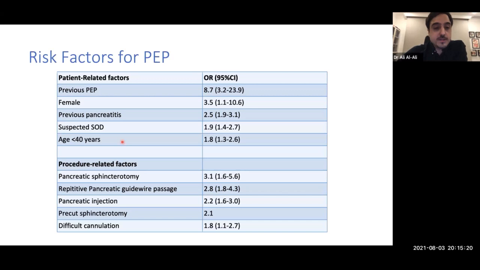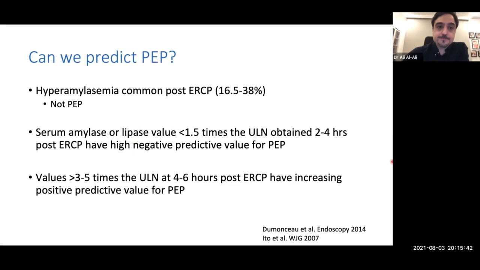But in general, younger patients and female patients have a higher risk of developing post-ERCP pancreatitis. And there are certain procedure-related factors which increase the risk. As I mentioned, any pancreatic manipulation will increase the risk, including pancreatic sphincterotomy or injecting contrast in the pancreatic duct. So these are some of the important risk factors for post-ERCP pancreatitis.